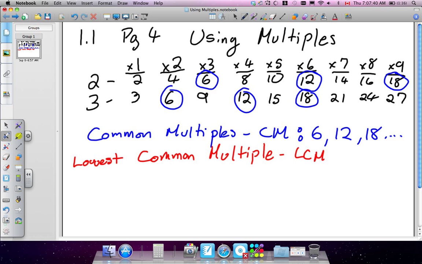The lowest common multiple is the lowest of all the common multiples. If we look, we had 18, but 18 is higher than 12, and 12 is higher than 6, and 6 is the lowest one. So of all the common multiples, 6 was the lowest one. You only have one lowest common multiple, and that number is 6.